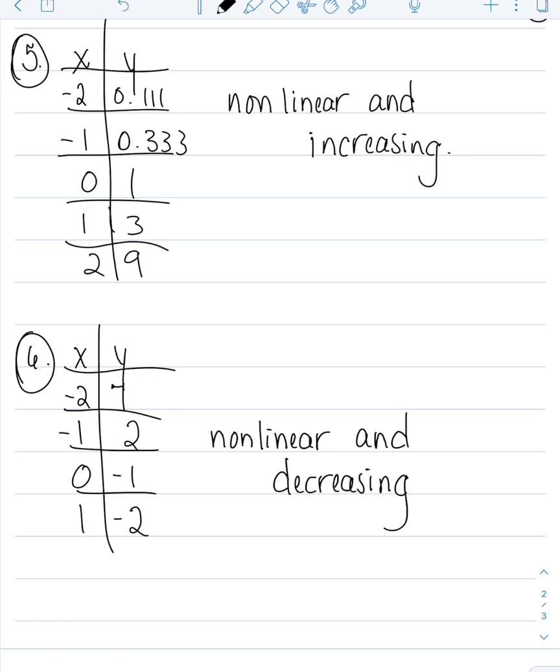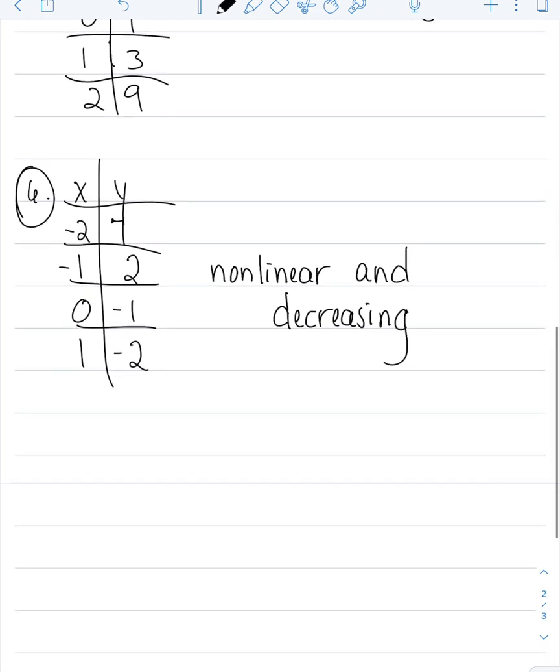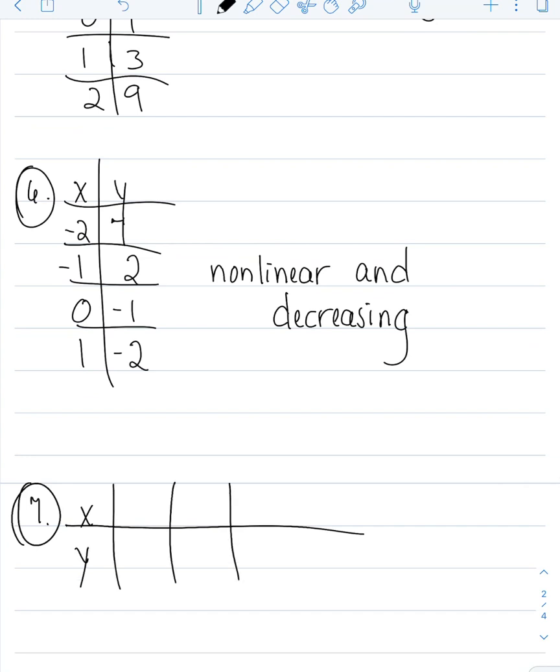And now let's take a look at one final table. Sometimes they'll give you your tables like this, sideways. Well, guys, it's the same thing. They're the same thing, they're just flipped sideways. So my first point is -3, -7.